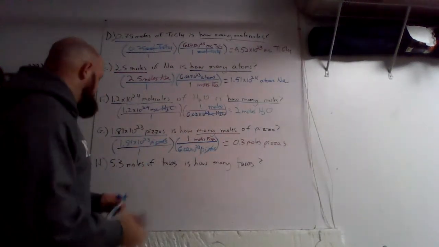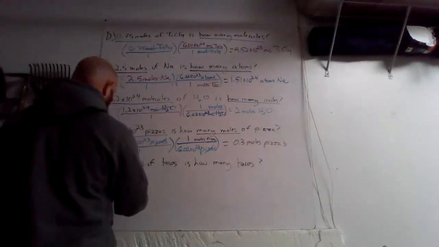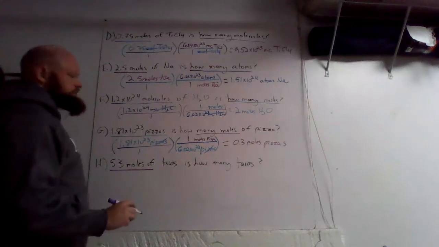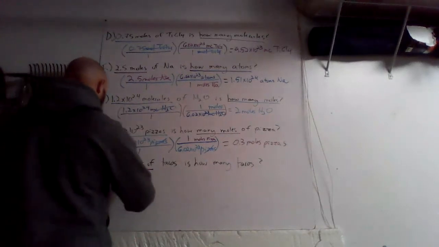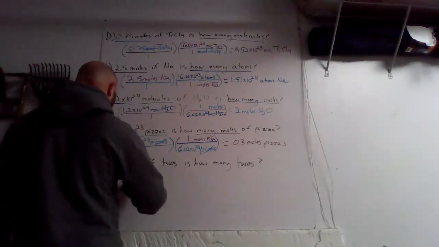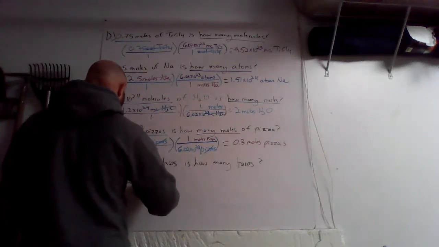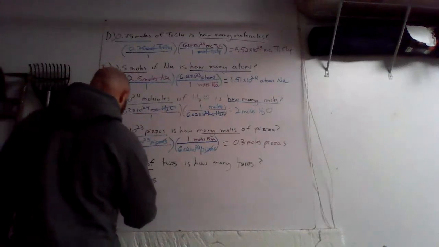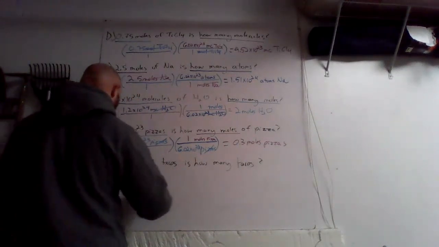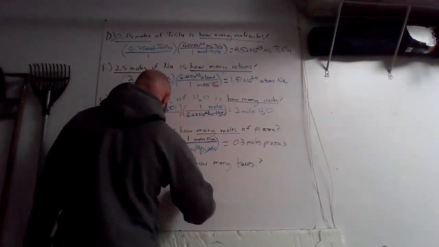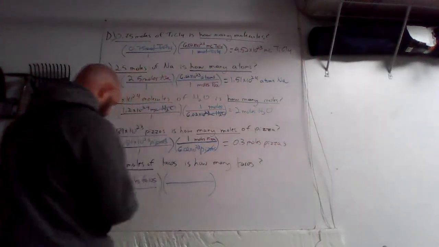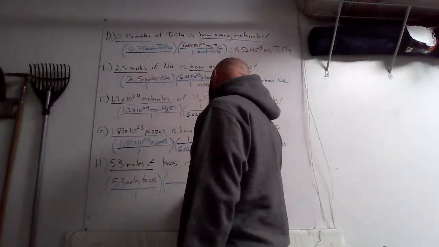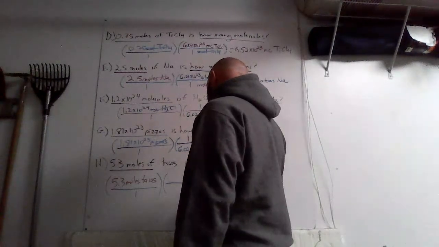Okay, 5.3 moles. Remember, you're looking for the number and unit. You're not worried about what it's asking yet. So I have 5.3 moles of tacos. The unit drops down, moles of tacos.